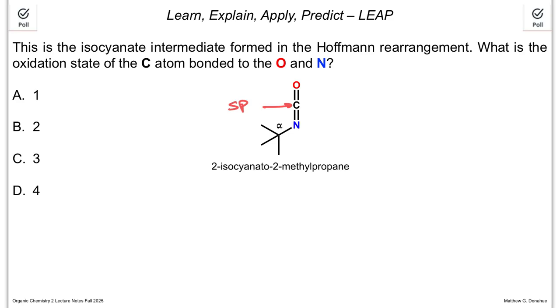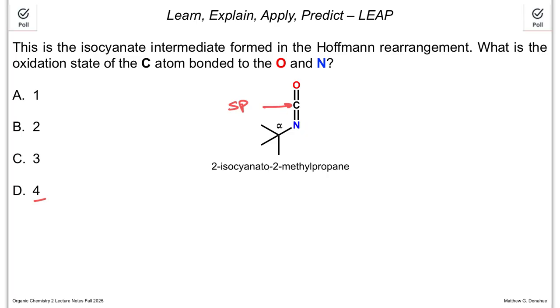So it's sp hybridized, and then what is the oxidation state? It's going to be 4. So carbon, 1, 2 bonds to oxygen, 3, 4 to nitrogen.